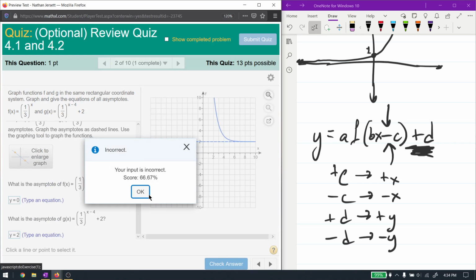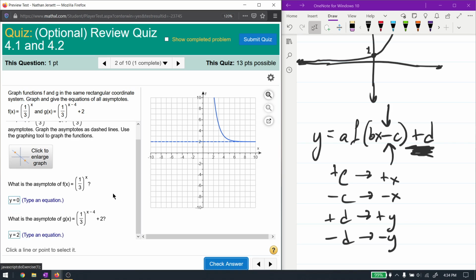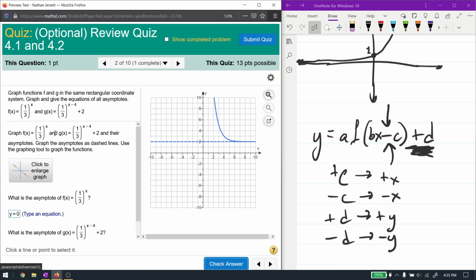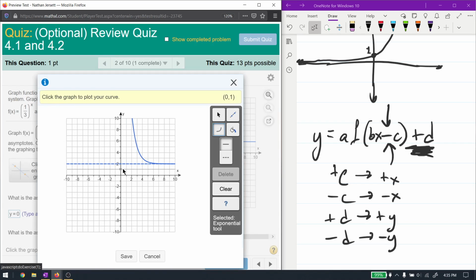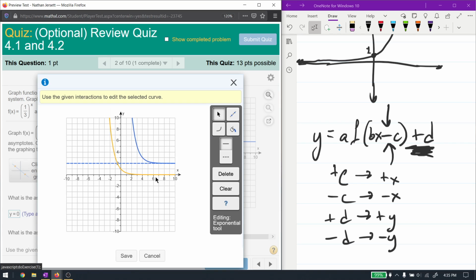Let's check it. Okay, let me see what I did wrong here. Oh, I just missed that it wants us to graph both the function and the shifted function. So I just need to add in the original function as well. I'm not doing any translation to it. I'm just leaving it the way it is. So that's the original function there.